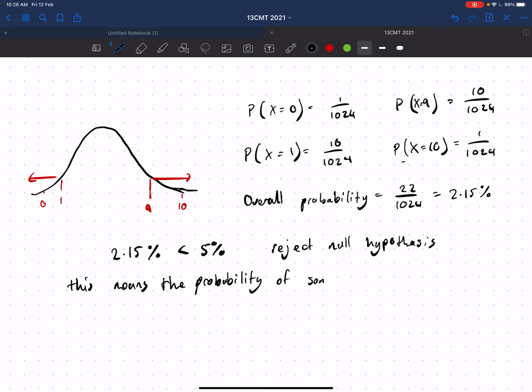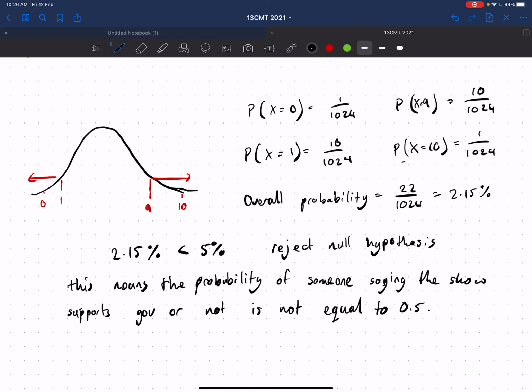They've not actually stated their sentence after they've written p is not equal to 0.5, but this means the probability of someone saying the show is unbiased, or saying the show supports government or not, is not equal to 0.5. That's my best interpretation of their setup of a null hypothesis there.